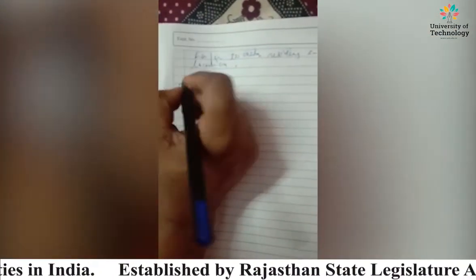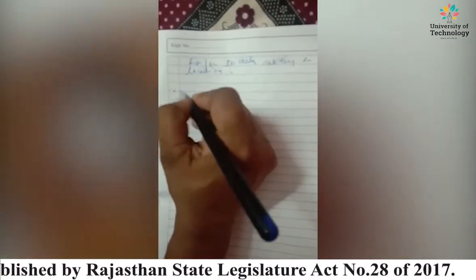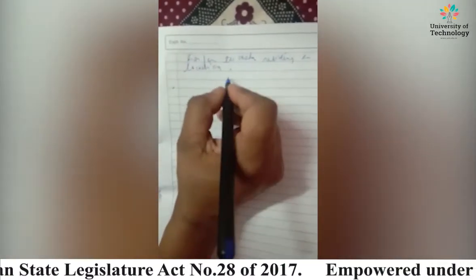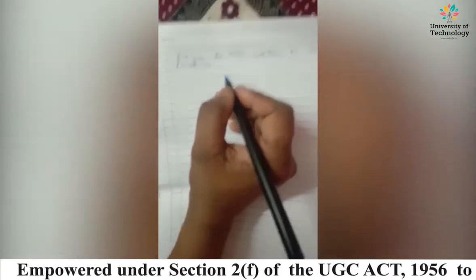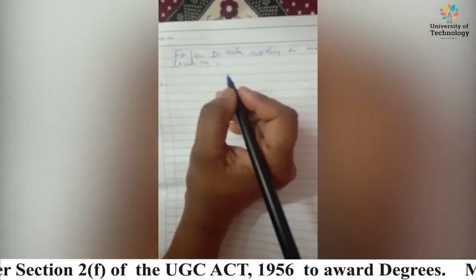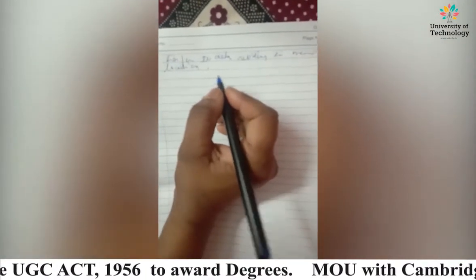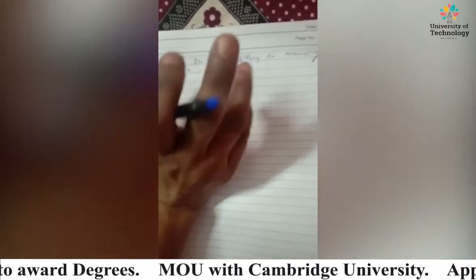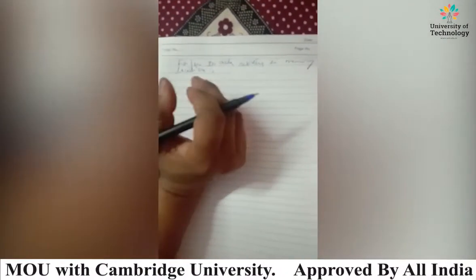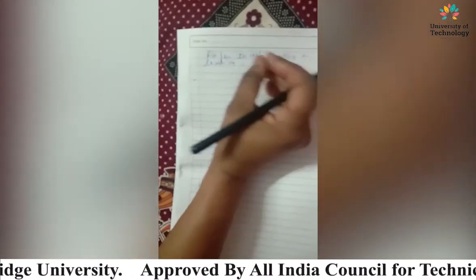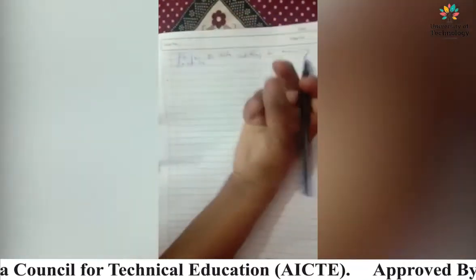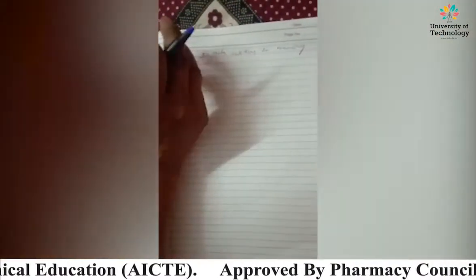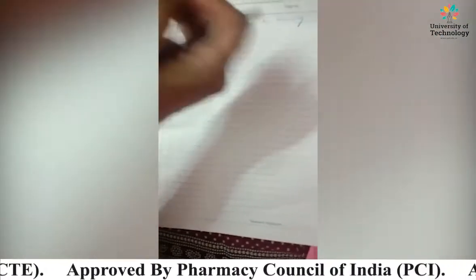Now let's take another point. The advantage of this is that the load and store instructions used for reading and writing from memory can be used to input and output data from input output devices. So both the load and store instructions can be used for reading and writing from the memory, and can be used to input and output data from input output devices. So the instructions are the same.